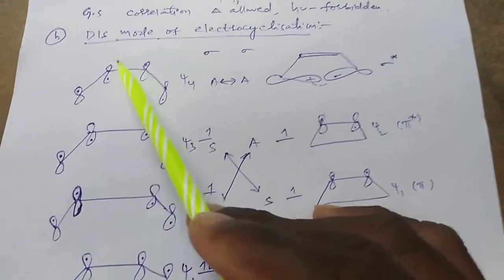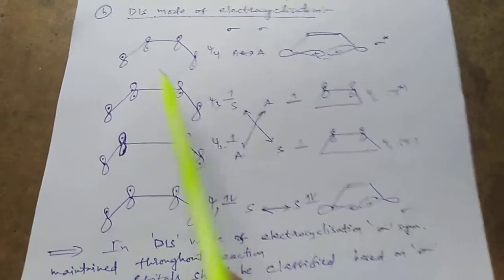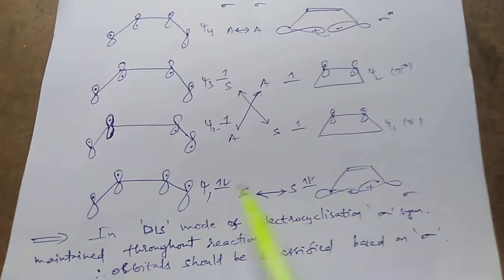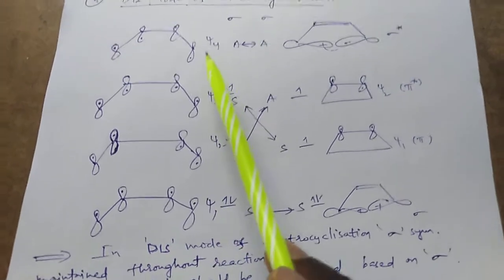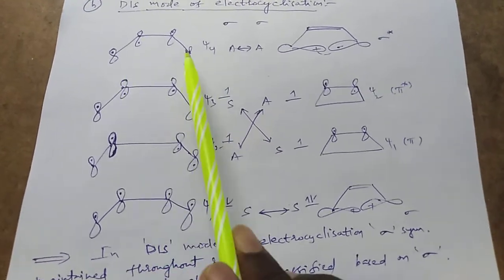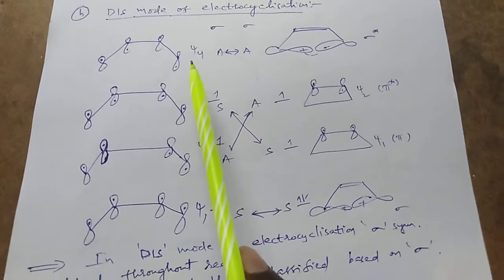If we take disrotation for the same molecule, we have these types of molecular orbitals: reactant molecular orbitals and product molecular orbitals. So first, molecular orbitals Psi1, Psi2, Psi3, Psi4. Disrotation: at the termini, one rotates in a clockwise direction, the other in an anti-clockwise direction.